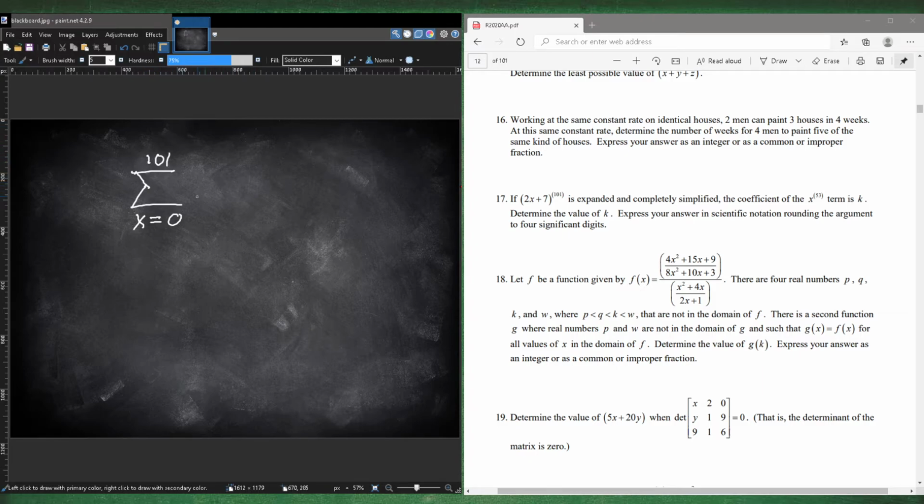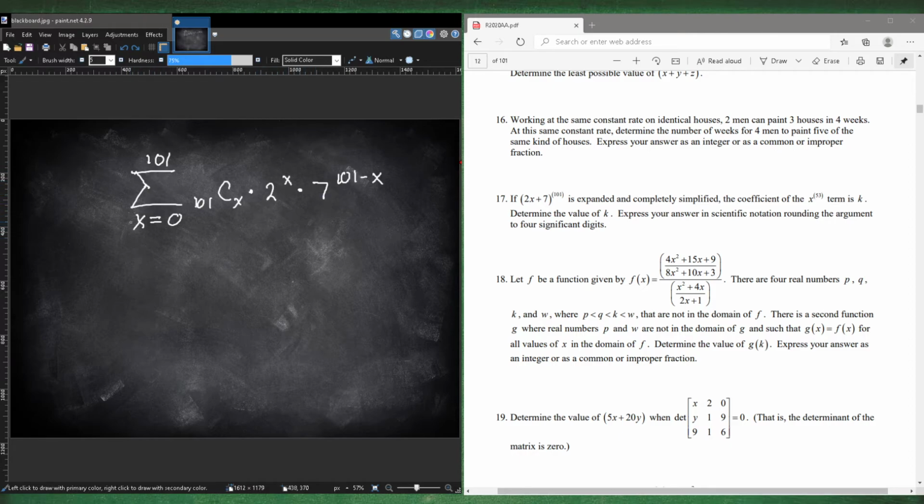Then we have 101 choose x, multiplied by the coefficient of your first term, which is 2, to the power of x, and then multiplied by the coefficient of the second term, which is 7, to the power of 101 minus x. So it's going to follow that pattern all the time: the coefficient of the first one, the coefficient of the second one, and the exponents, and you always start from 0. This is going to be the general equation of how to write those summations.